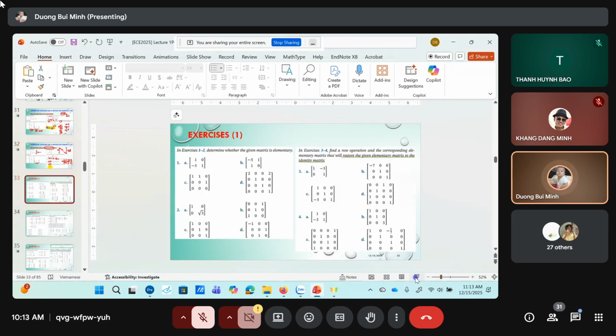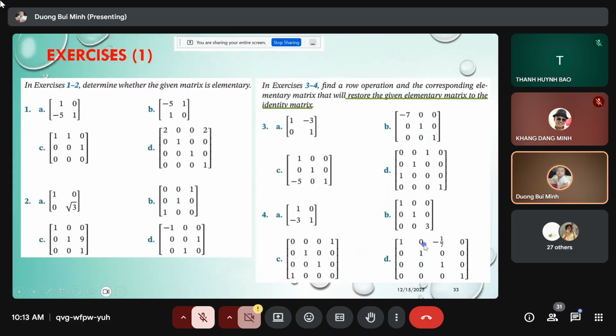Oh, we have an exercise to practice. Determine whether the given matrix is elementary or not. For example, this one.